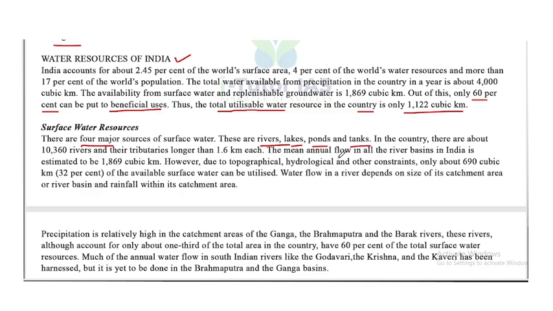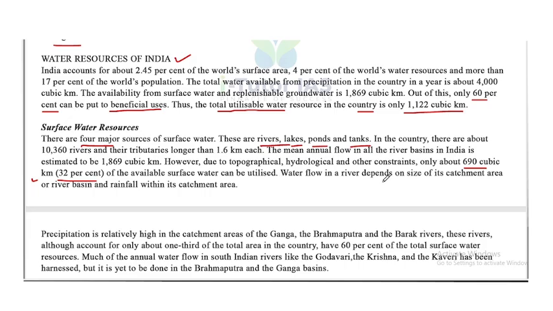The mean annual flow in all the river basins in India is estimated to be 1,869 cubic kilometer. However, due to topographical, hydrological and other constraints, only about 690 cubic kilometer, that is about 32% of the available surface water, can be utilized.